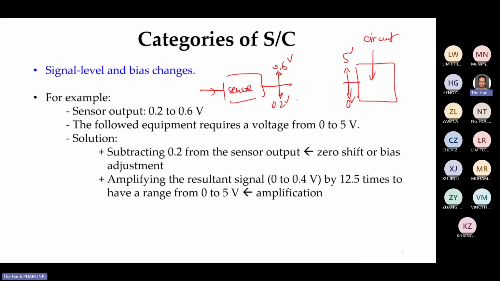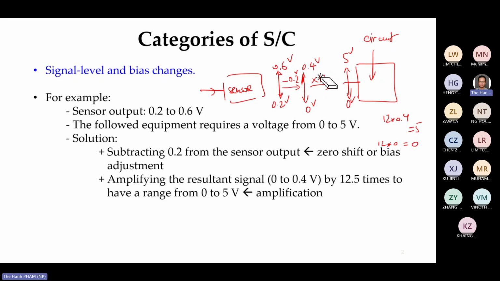First step, you may want to bring everything down, for example, to 0 volt to 0.4 volt. So from here to here, you subtract 0.2 to have 0 to 0.4. And then from here, if I multiply with 12, you see 12 times 0.4 is 5, and 12 times 0 is 0.